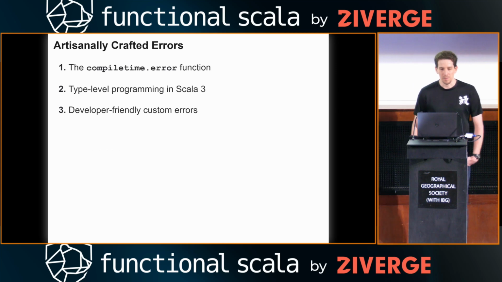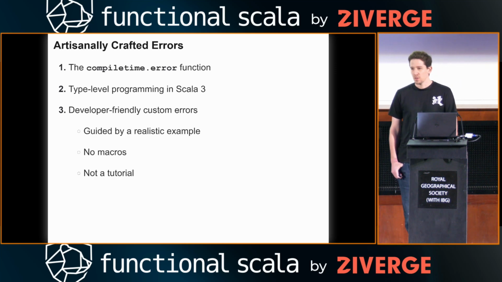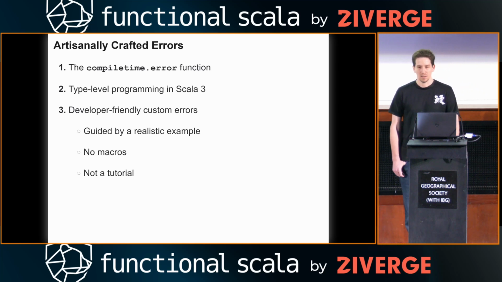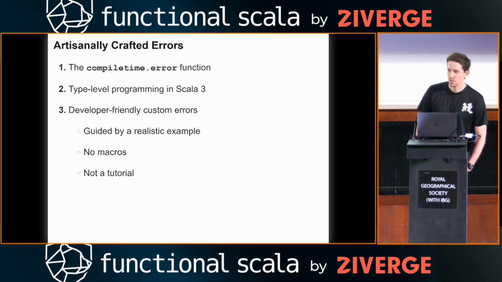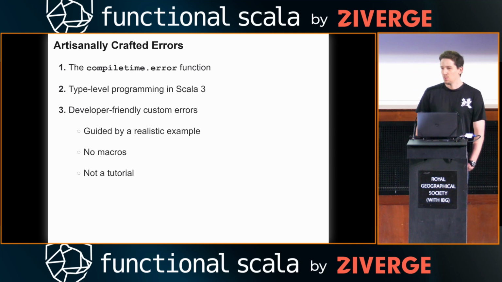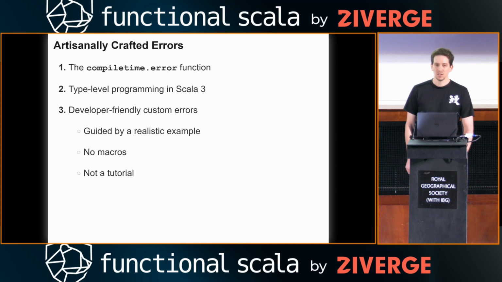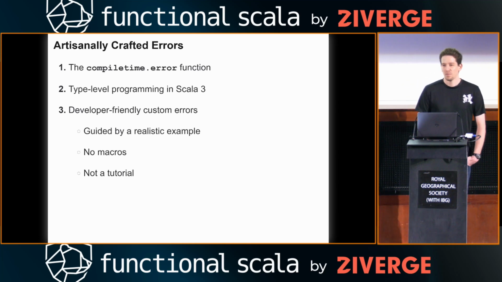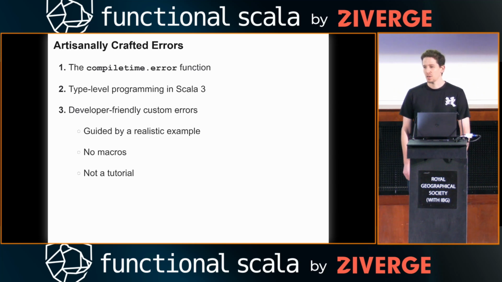I'm going to be guided by a realistic example, so the schema validation problem will be our guiding example. I won't be using any macros at all. You could claim that even in Scala 2, you could somehow solve this problem with a custom macro one way or another, but the techniques I'm going to show you here are more general than a specific macro that you tailor for your specific problem, so everything you learn here will be applicable in other contexts as well.